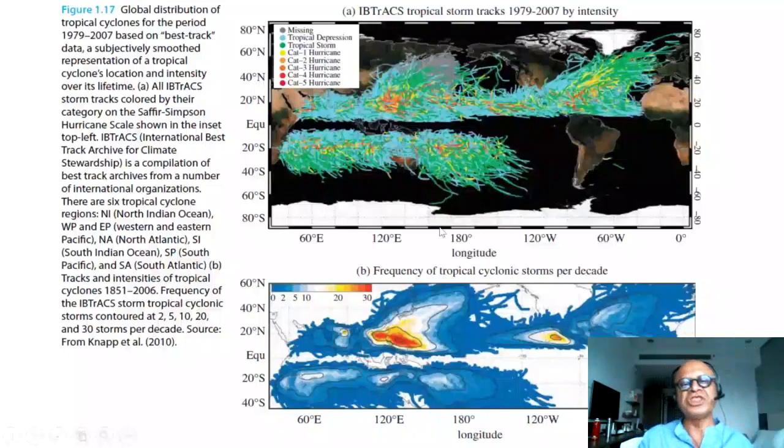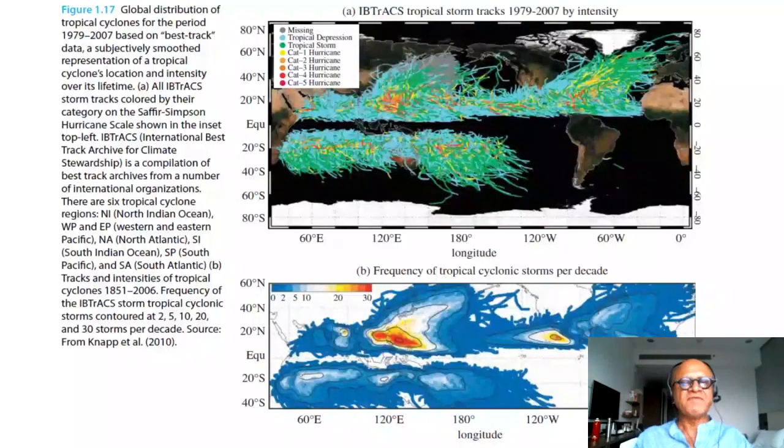For example, in the North Indian Ocean, there is a pre-monsoon cyclone season, so March, April, May, and there is a post-monsoon cyclone season during October, November, December. But during the monsoon itself, even though there is a lot of convection, the shear is so strong that the cyclones do not occur during the monsoon season.